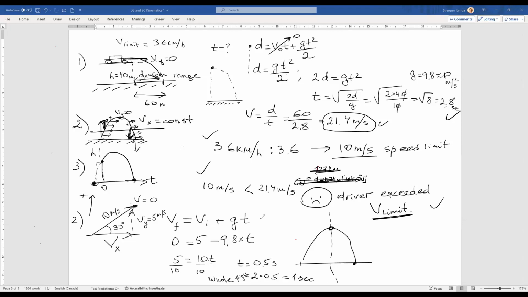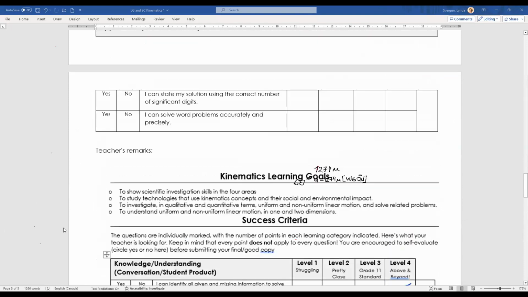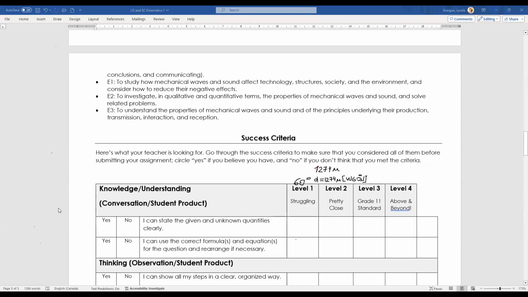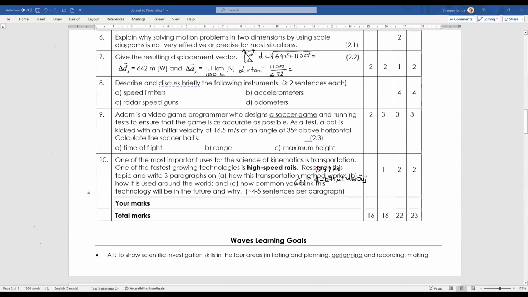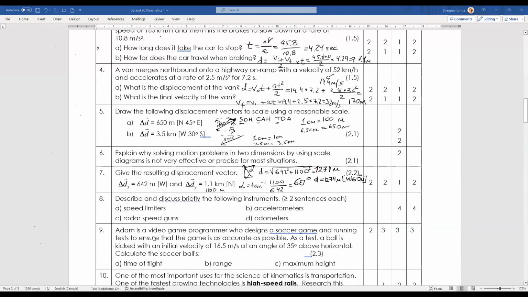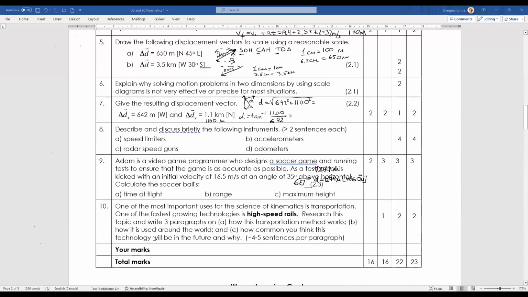Let's go back to our question. Yeah, projectile, so you have the idea. I wanted to show typical kinematics questions. It's in worksheet 07, kinematics review part 2. Just 2 questions.